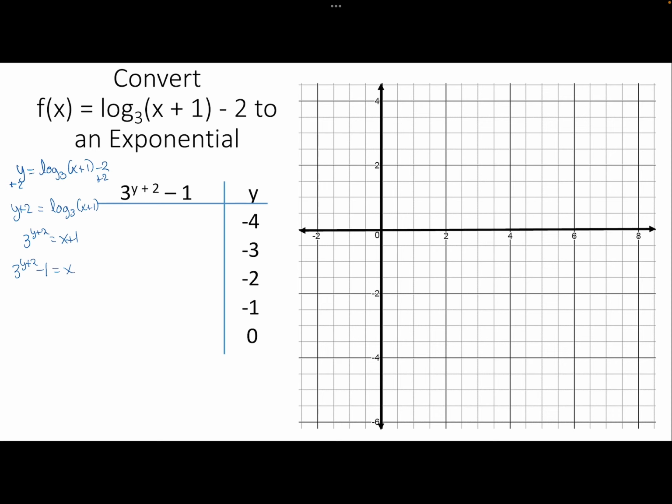Now, this is what's odd, and it feels strange, because we need to plug in numbers for y in order to figure out what's going to happen to x. So this is our x now, and that's our y. And we have to pick good numbers, because if we picked a number like 1, we would be taking 3 to the 1 plus 2, or 3 to the third, and getting 27 and subtracting 1, and we're now at 26, and we don't have room on our graph to graph 26 comma 1.